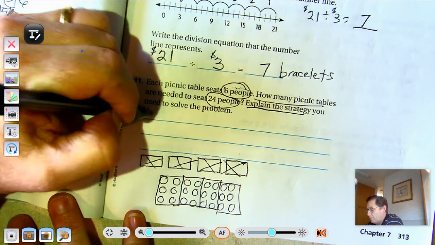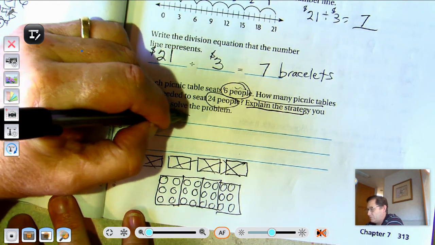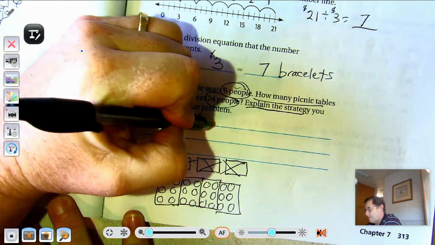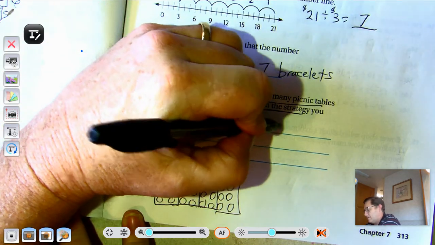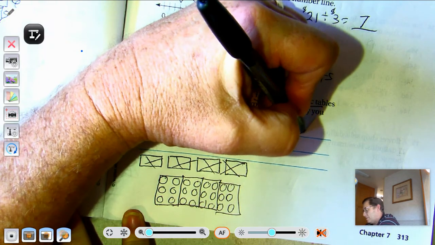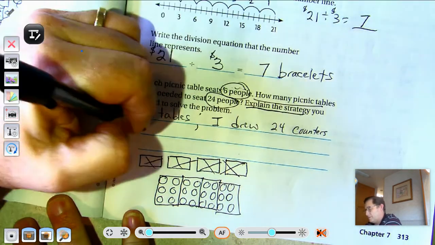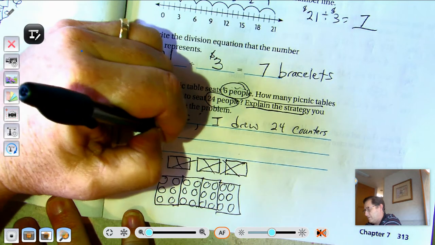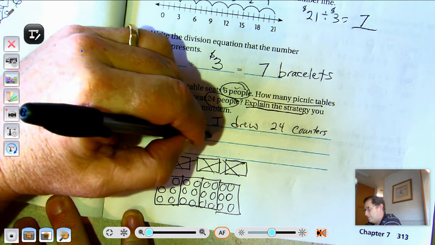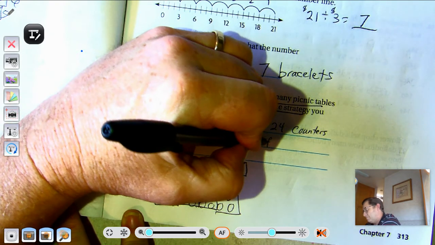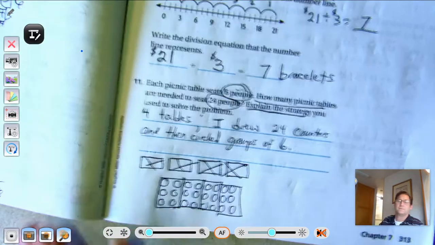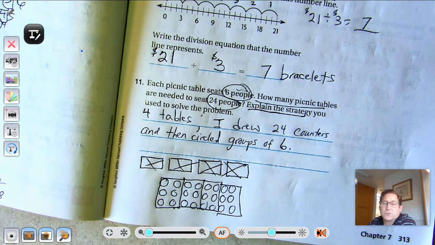So 4 tables. I drew 24 counters and then circled groups of 6. So basically, I was using equal groups.